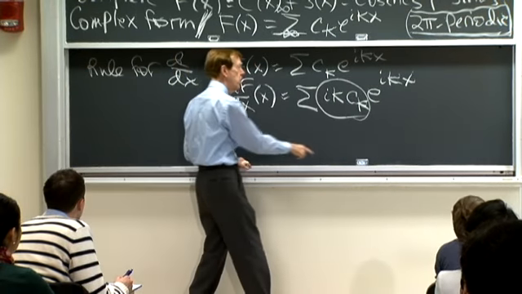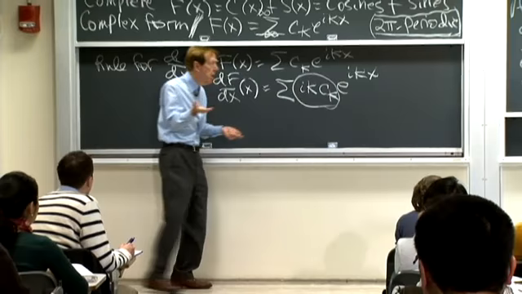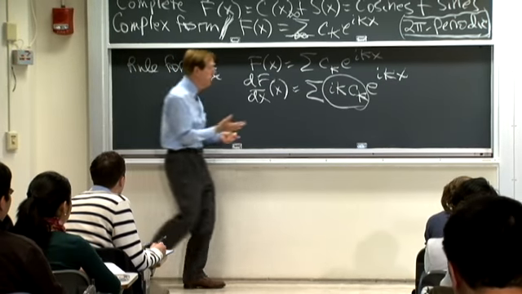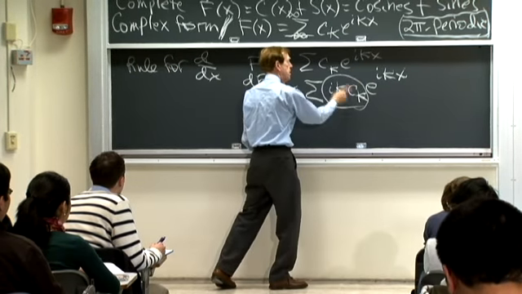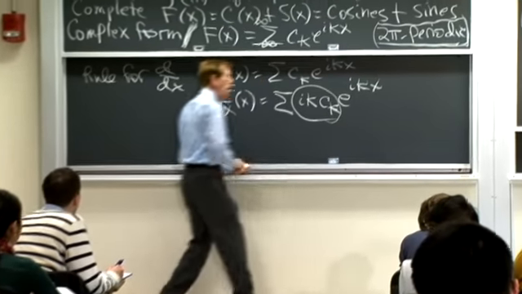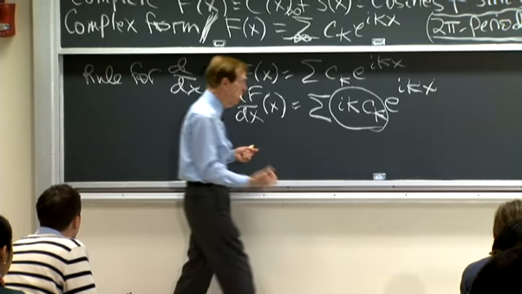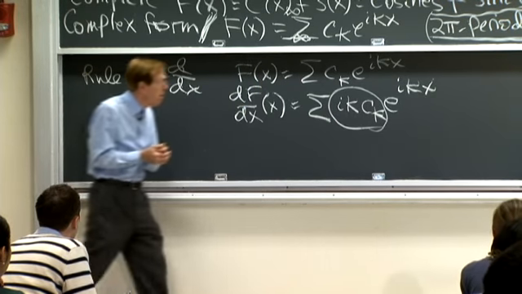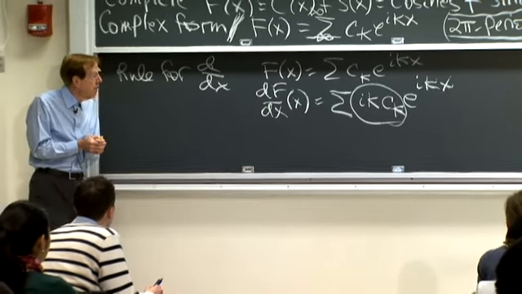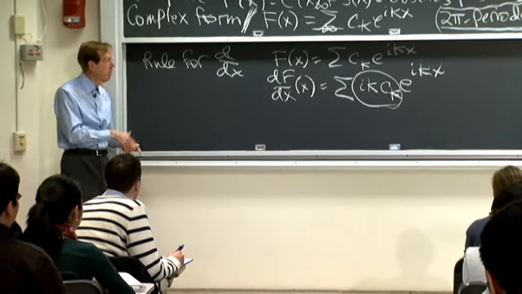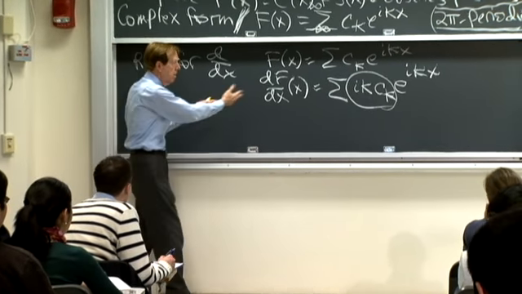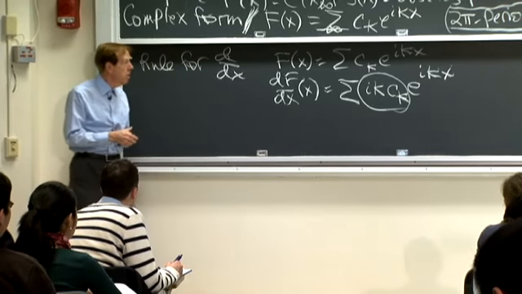And every time we do it, you understand the decay rate now, because the derivative just brings down a factor ik. So its high frequencies are more present, have larger coefficients. And of course, the second derivative would bring down ik squared.